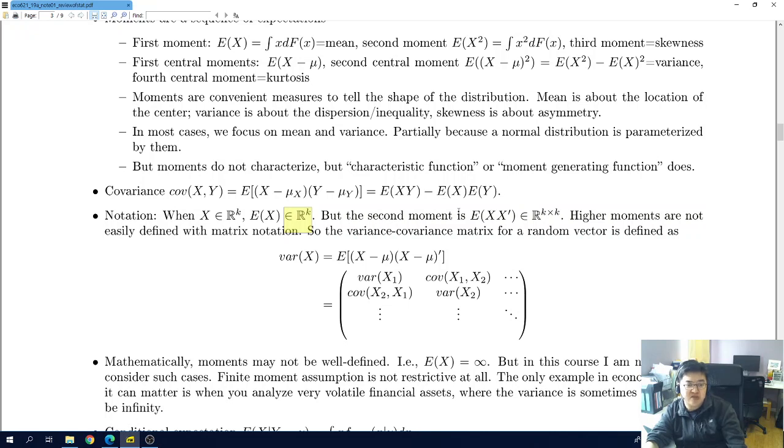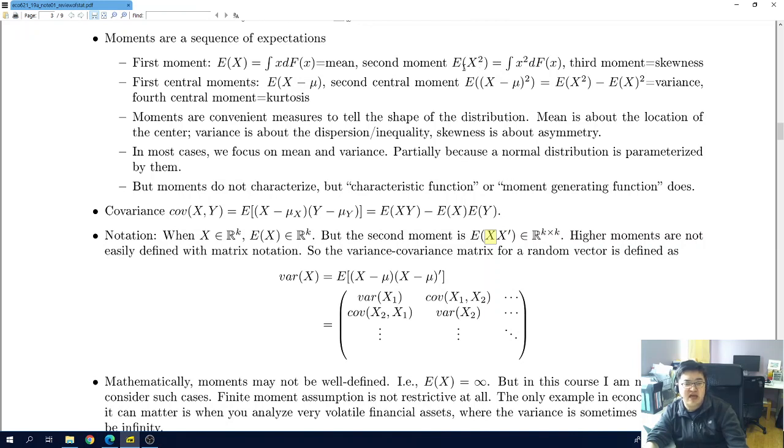And the second moment is defined this way. Instead of x squared, for a vector you have to transpose the second vector so that the resulting second moment is a matrix. So the result should be a k by k matrix.